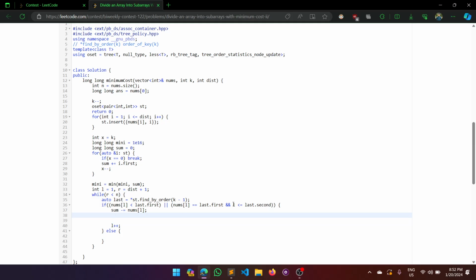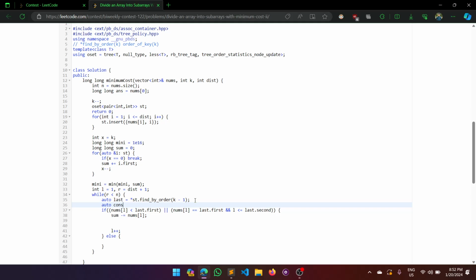We have to exclude them anyway. We just want to determine if the element that we are going to consider is nums of r, comma r.